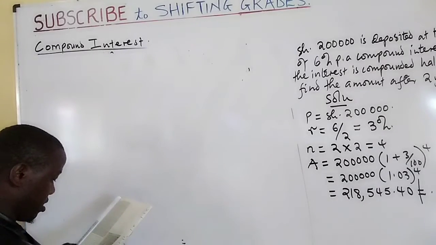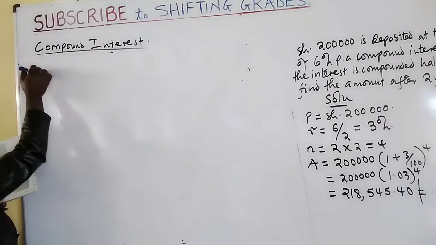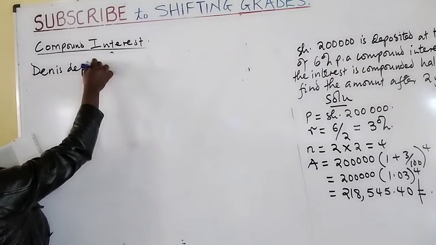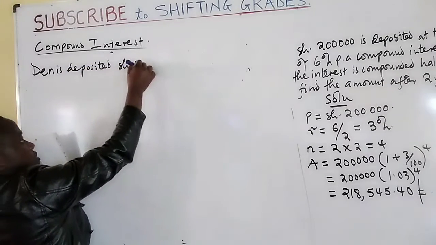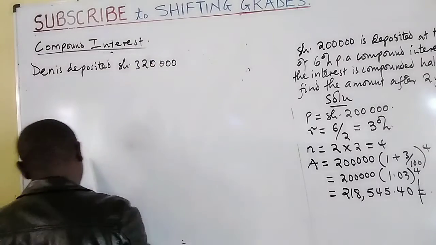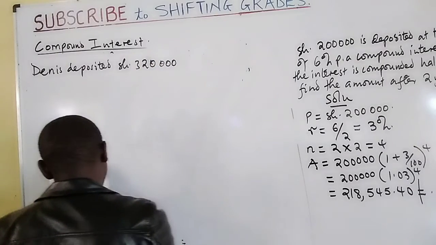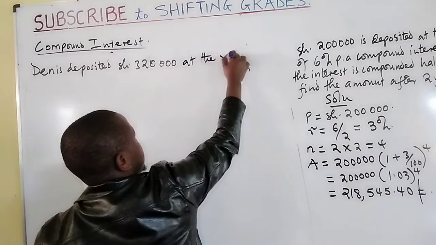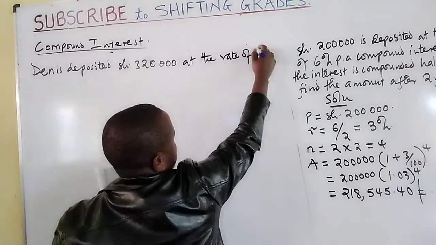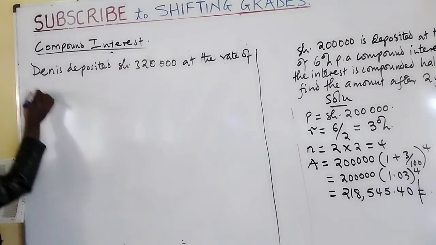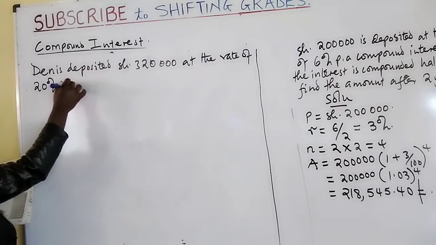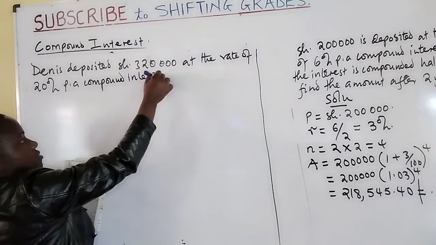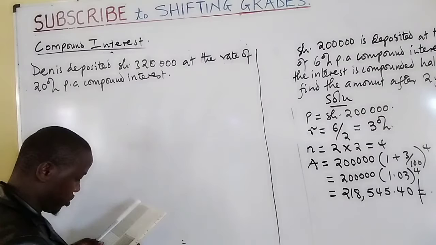Dennis deposited 320,000 at the rate of 20% per annum compound interest.